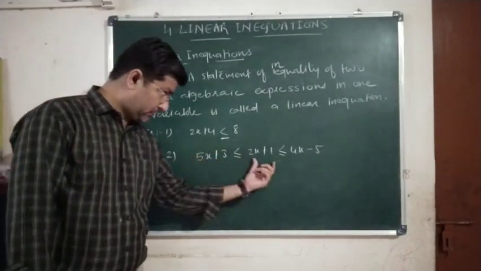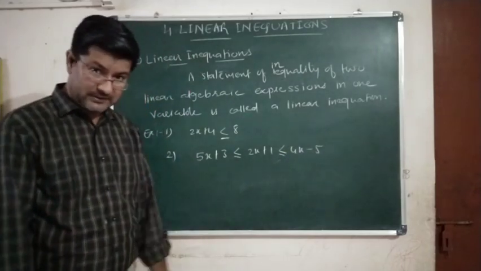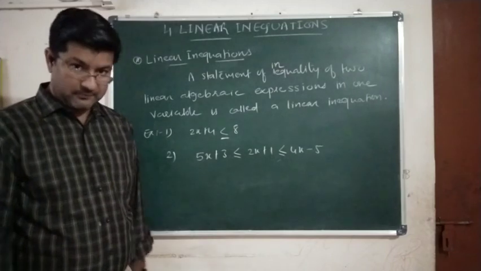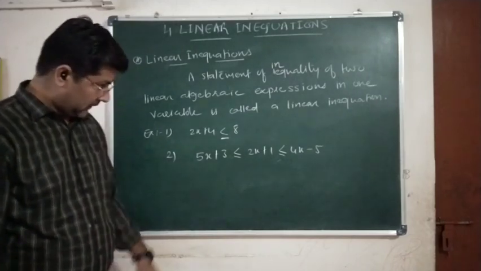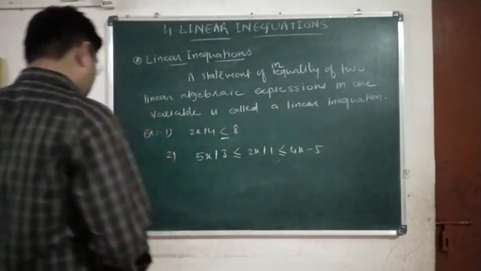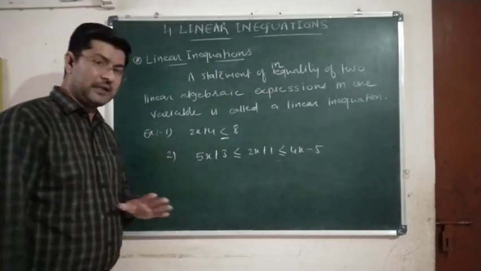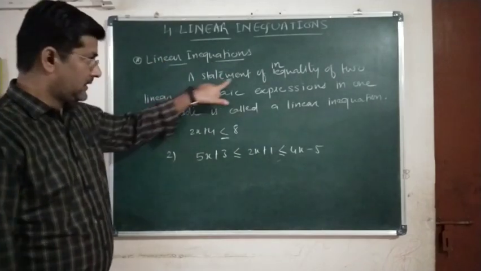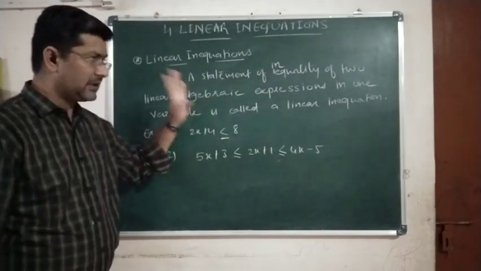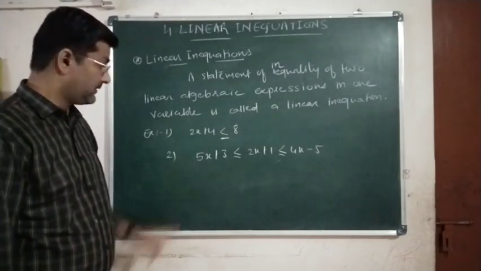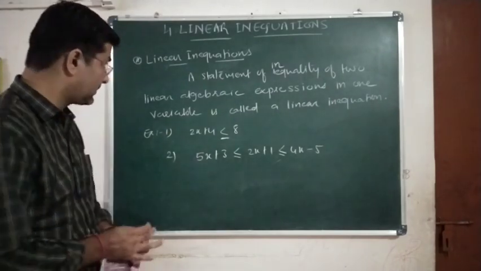You will notice that three expressions are connected by two inequality symbols. The method to solve this we will learn later in the chapter. So now we are well aware of what linear inequations are: a statement of inequality of two linear algebraic expressions in one variable.